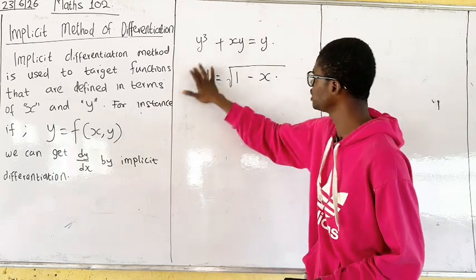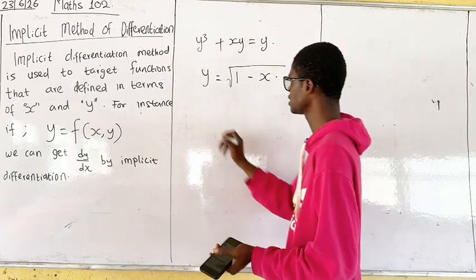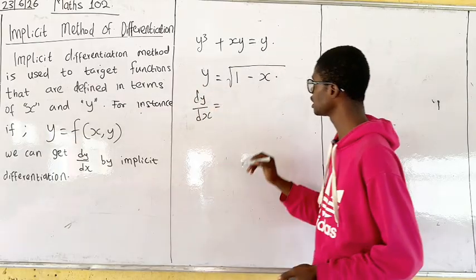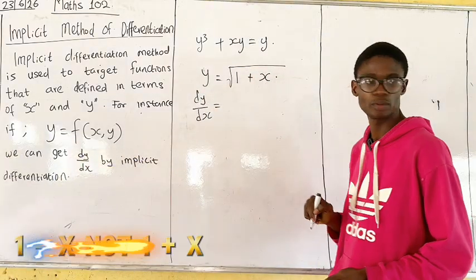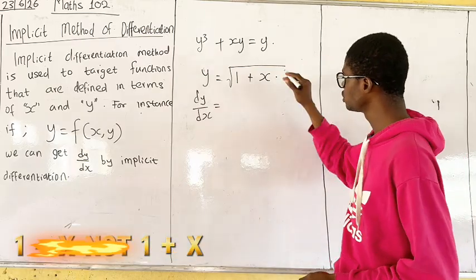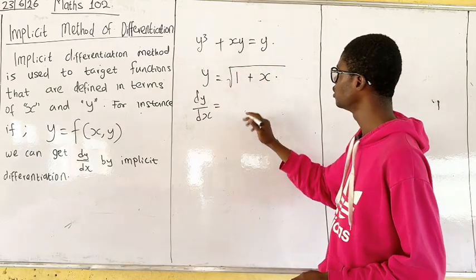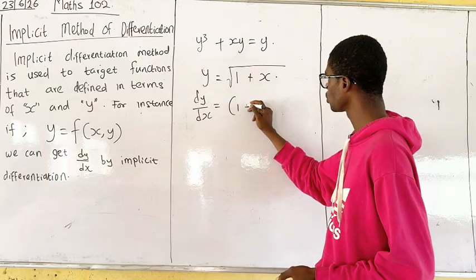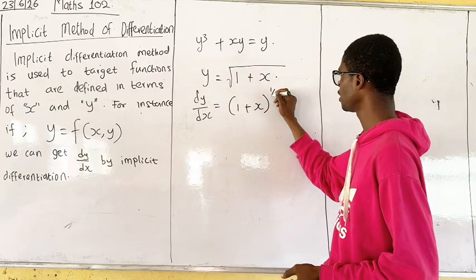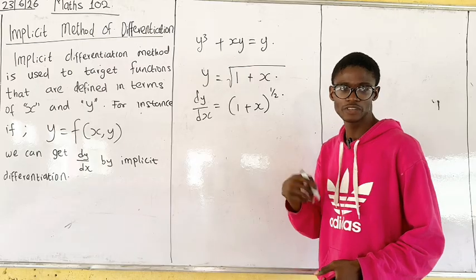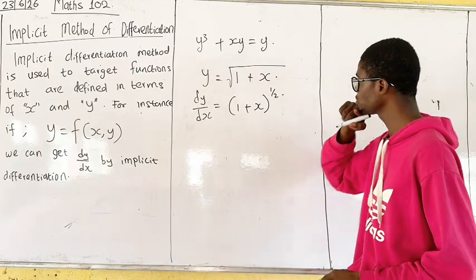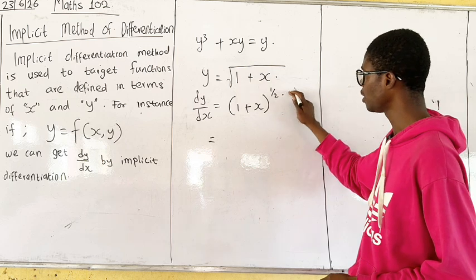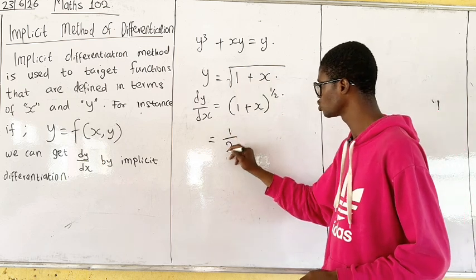So if you differentiate this, you should have your answer as dy/dx equal to half of 1 plus x to the power of half. Differentiating by chain rule, first write down the power, which is 1 over 2.